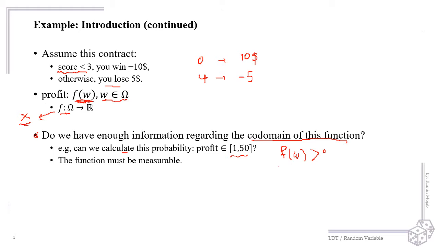In order to be able to calculate this probability, x or this function should be measurable. I'm going to talk about this concept in the next slides before I define the random variable.